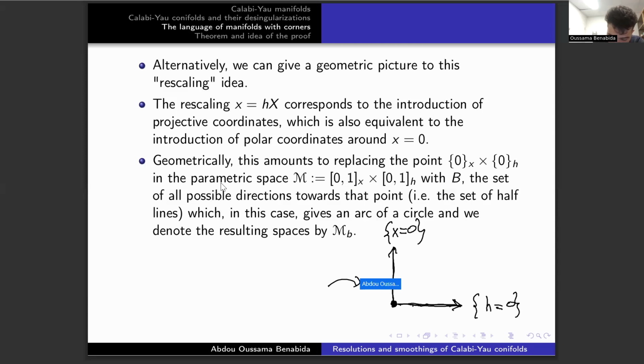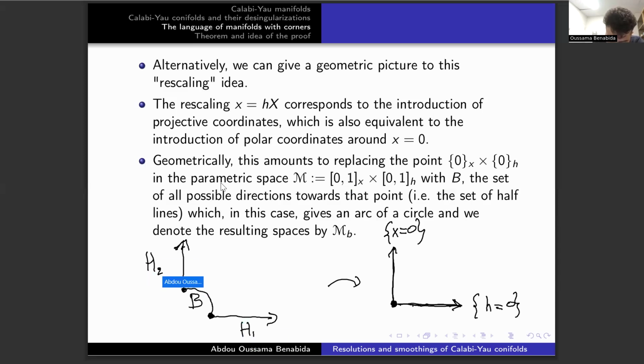And we're replacing this manifold with corners with another manifold with corners by adding a face. So we're replacing this corner by another face. And here we have three faces: this new face B, and this is H1 and H2.